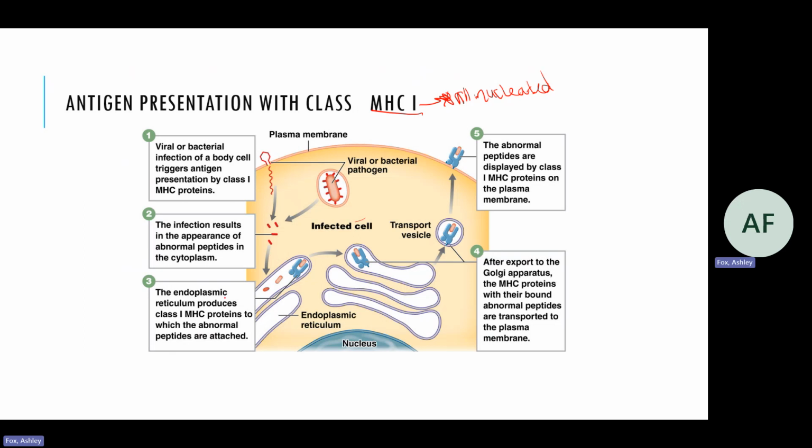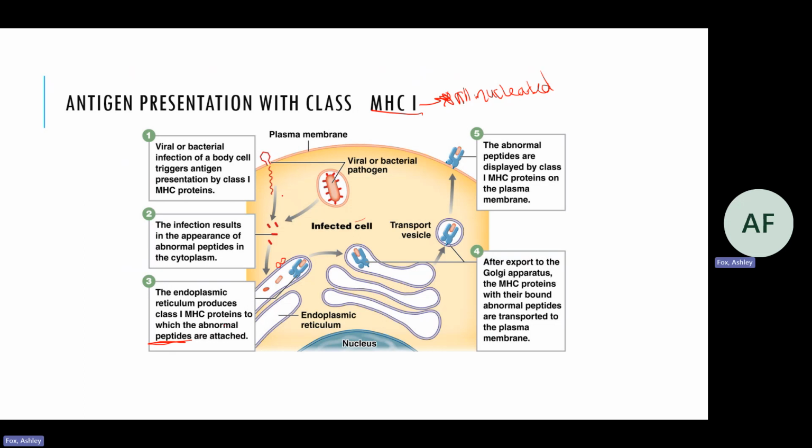And what happens is the rough endoplasmic reticulum is going to produce proteins, or finish off producing proteins, the ribosomes. And they are going to produce MHC1 proteins, those glycoproteins, and attach abnormal pieces or peptides of the virus or bacteria.